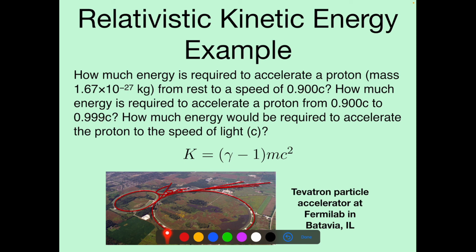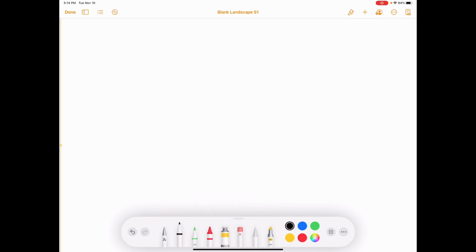And then, as a final question, how much energy would be required to accelerate the proton to the speed of light? So if we wanted to get it to the speed c, how much energy would that take? We can accelerate particles like protons in particle accelerators. This is one example of such an accelerator. It's called the Tevatron. It's located at Fermilab in Illinois.